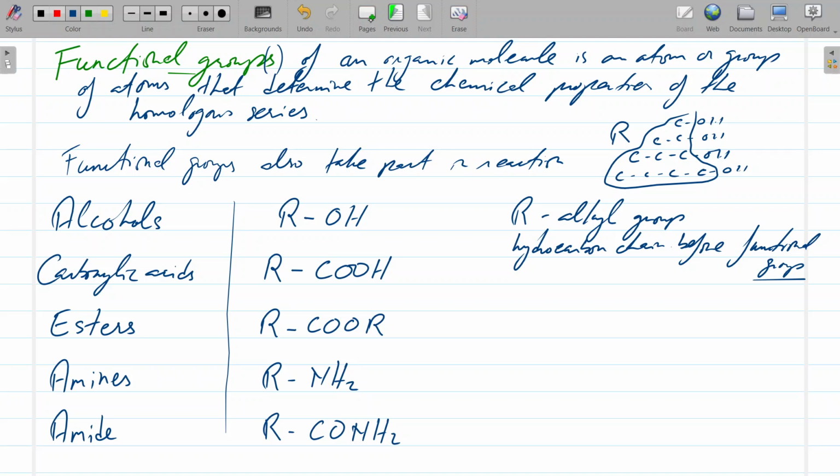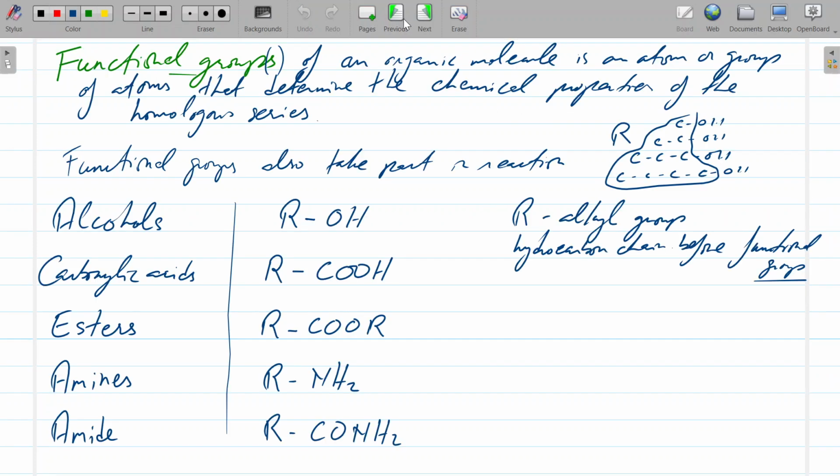Now with that, we move on to talking about alcohols. We're talking about the homologous series that chemically have the OH group. As I mentioned yesterday, this is not the OH in, for example, NaOH, which splits up as the sodium ion and the hydroxide ion. So this is not a hydroxide ion.